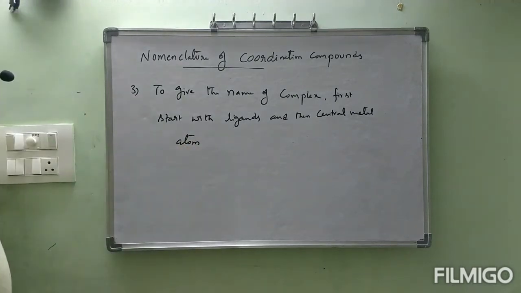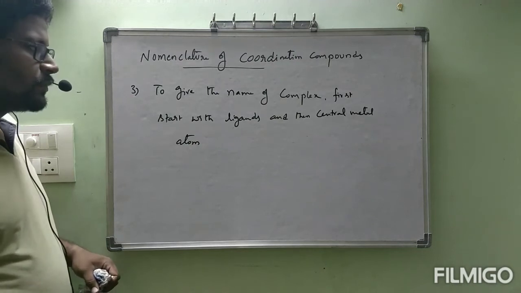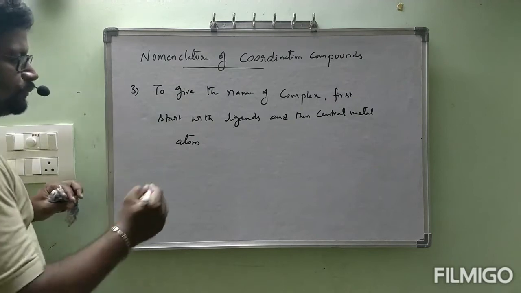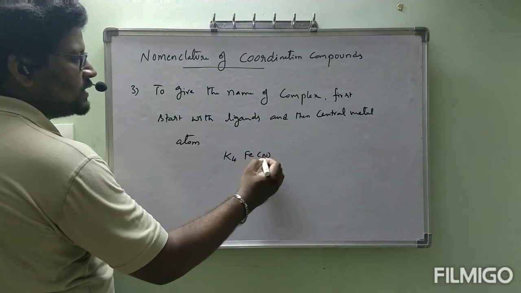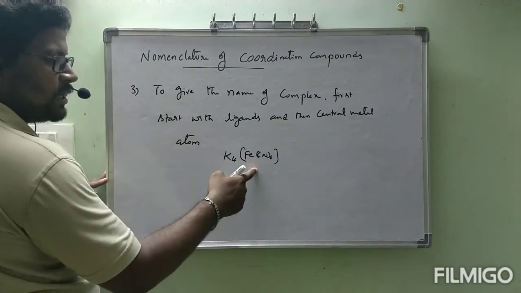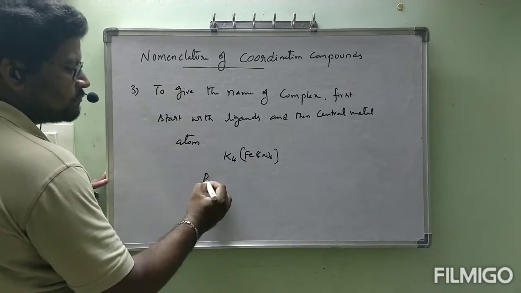Once again, to give the name of complex, first start with ligands and then central metal atom. For example, consider K4[Fe(CN)6] only. Positive part, negative part. Now, this positive part, potassium.